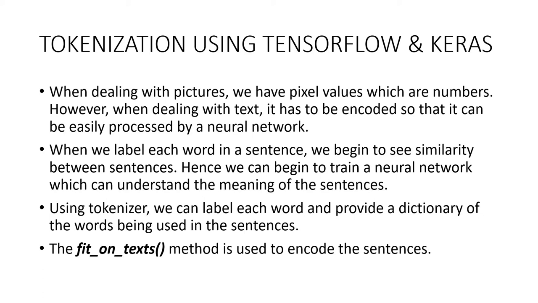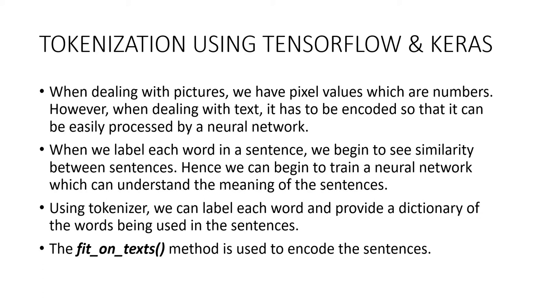When dealing with pictures, we have pixel values which are numbers. When we discussed convolutional neural networks, and even recurrent neural networks, LSTMs, GRUs, we have videos on those. At that time we took pictures. So the smallest unit for a picture is the pixel.